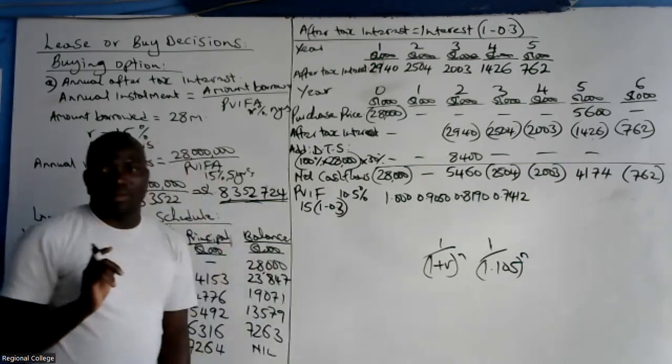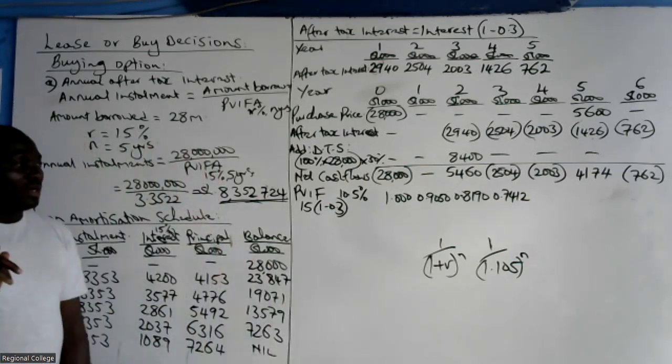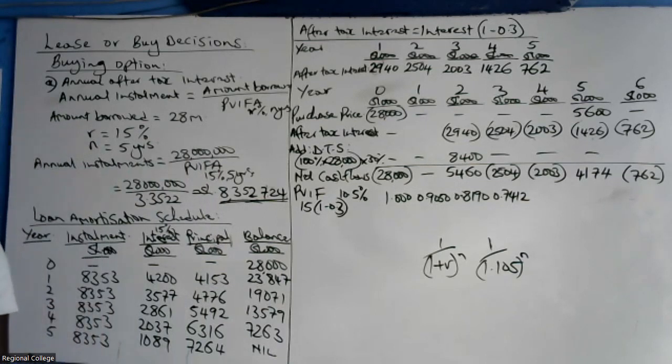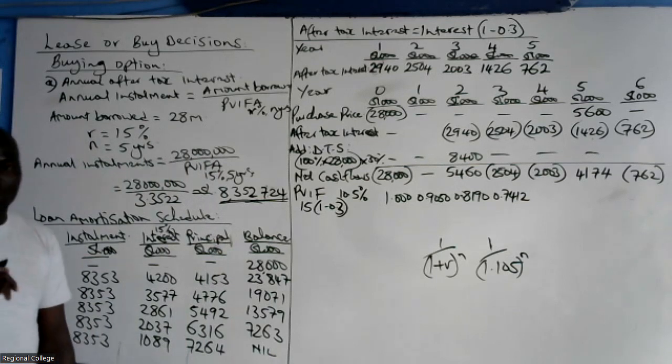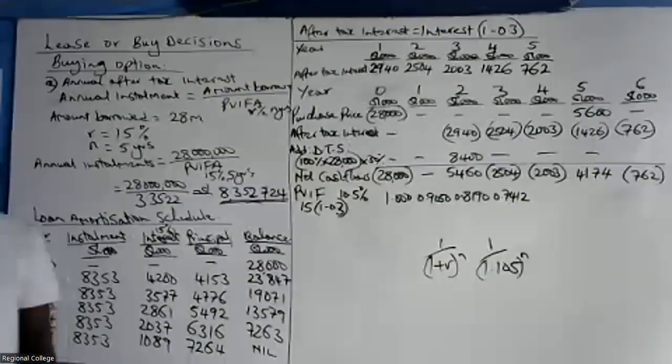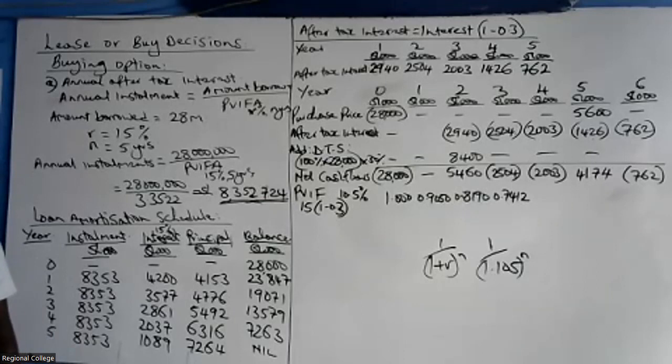Let's go slowly. In the first year, what is 1 divided by 1.105? You get 0.9050. Then without clearing anything, divide that answer by 1.105. That is the same as putting the denominator raised to power 2.